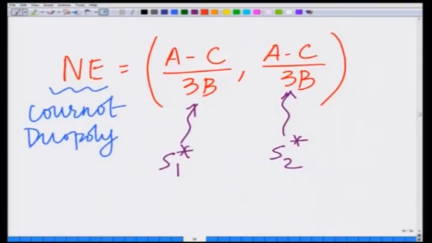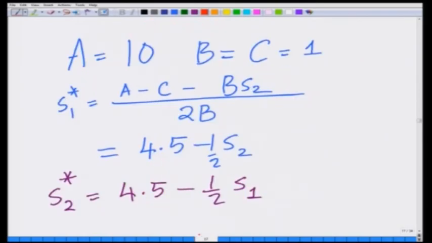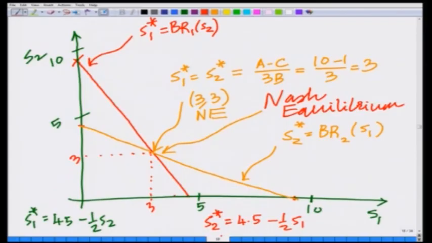By finding the intersection of these best responses, we found the Nash equilibrium quantities, which are A minus C by 3B for both these firms. When A is equal to 10 and B equal to C equal to 1, this Nash equilibrium is 3 comma 3.